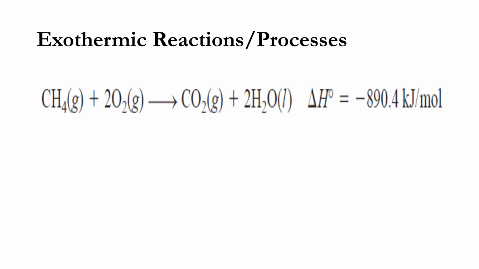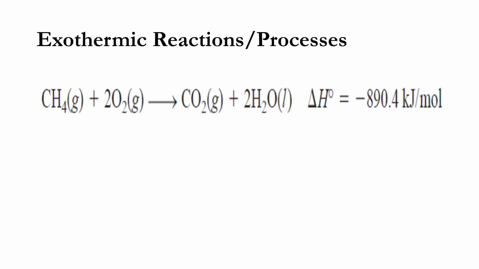Let's have this example. The combustion of methane with oxygen to form carbon dioxide and water is a spontaneous process. It is exothermic because the reaction is accompanied by release of 890.4 kilojoule per mole.